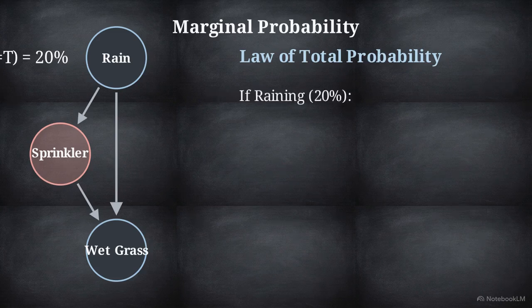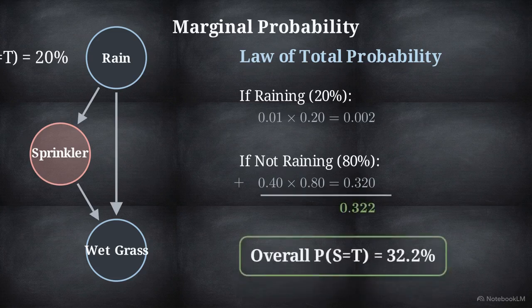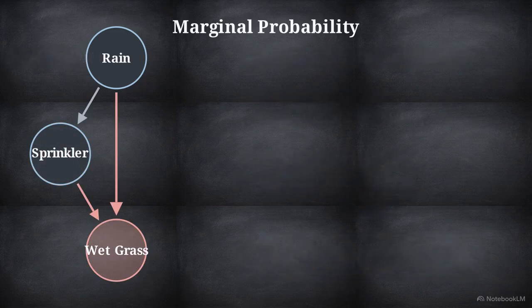Because its state depends on the weather, we must calculate its odds across both possible states of its parent, when it is raining and when it is not. We multiply the 1% chance the sprinkler runs during rain by the 20% chance of rain, and add that to the 40% chance it runs on a dry day, multiplied by the 80% chance of dry weather. The overall marginal probability of the sprinkler turning on is 32.2%.